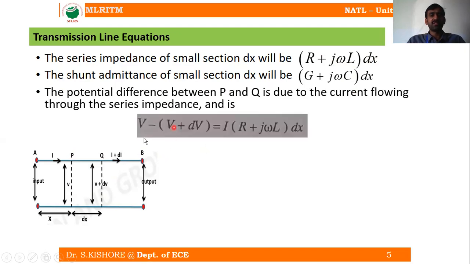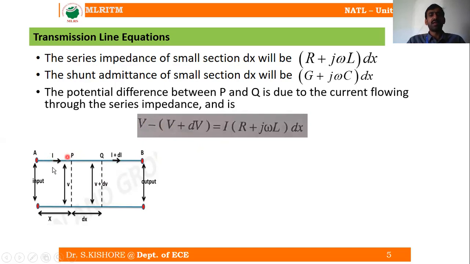So the potential difference is V minus, because V is the voltage at the point P and at Q the voltage is V plus dV. So V minus (V plus dV) is your potential difference, which is equal to the current, which is nothing but I here.